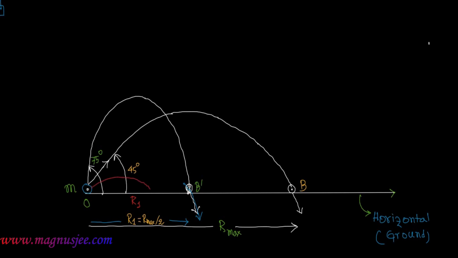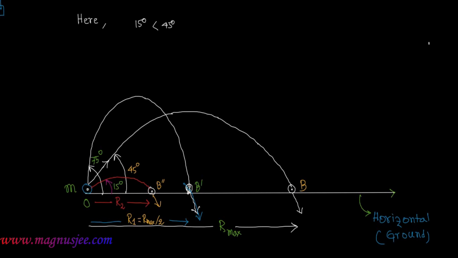Now, if the projectile is thrown at an angle 15 degree, it will describe a parabolic path and strike the ground at the point B double prime. In this case, the horizontal range of the projectile will be R2. R2 is the distance of the point B double prime from the initial point O. R2 is the horizontal range when it is thrown at an angle 15 degree.